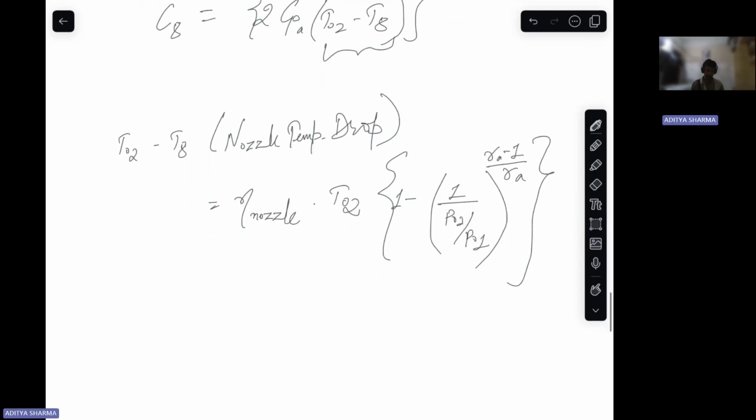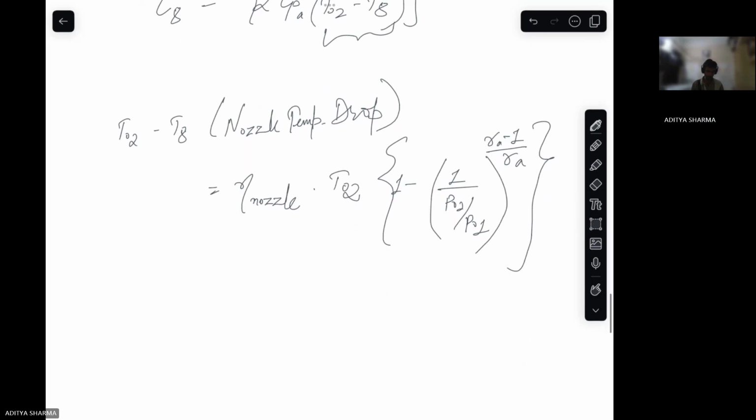This basically is nozzle efficiency. This is nothing special, but just the definition of your nozzle efficiency.